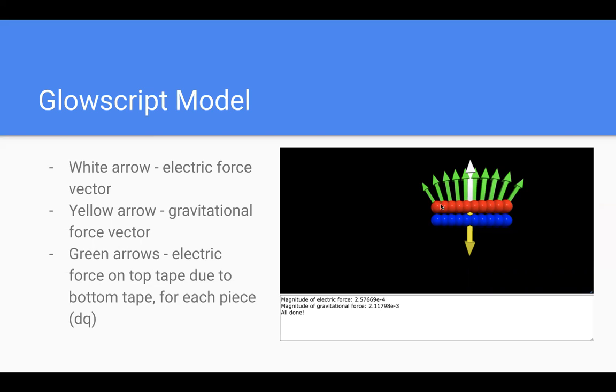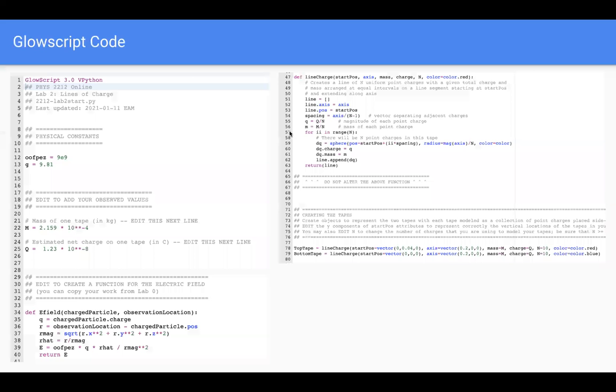We broke up the tape into all these small little charges, and to calculate the white arrow, we ended up adding up all the green arrows. You can see what the electric force and the gravitational force are, and how we calculated them in the computational model. So this is what my code looks like.